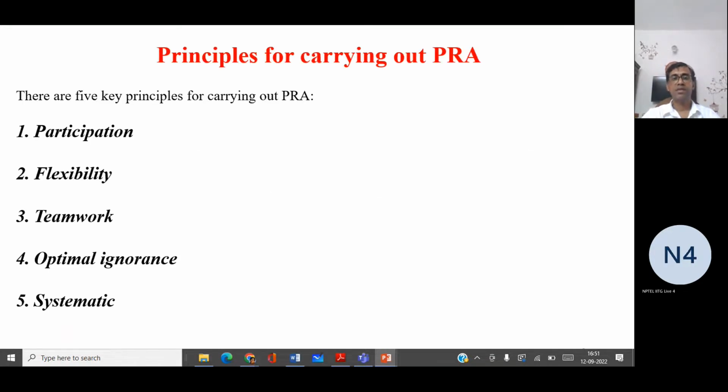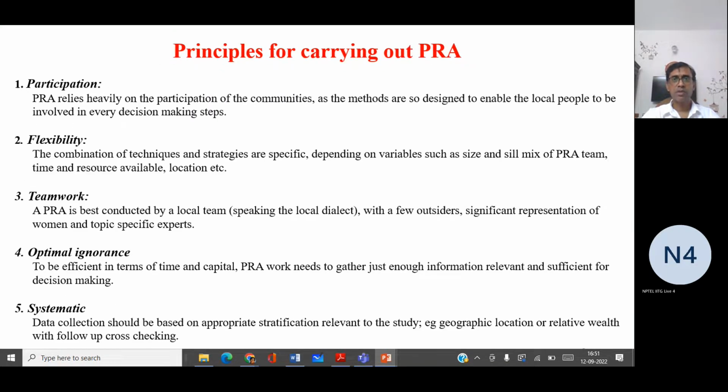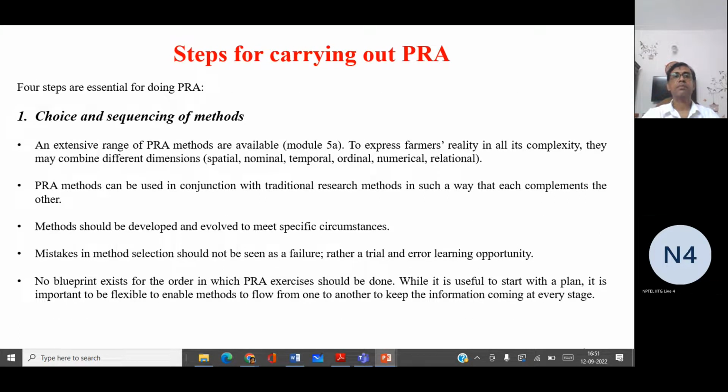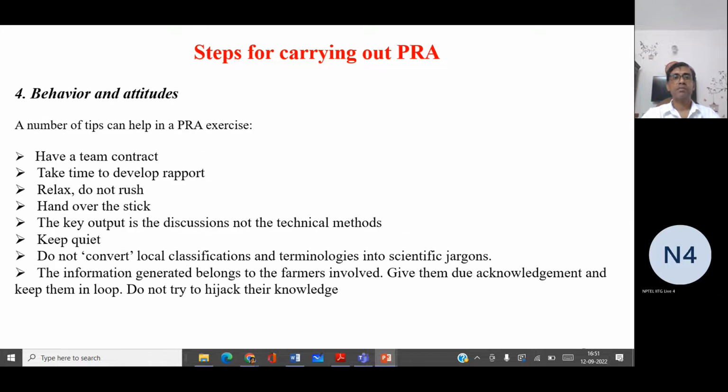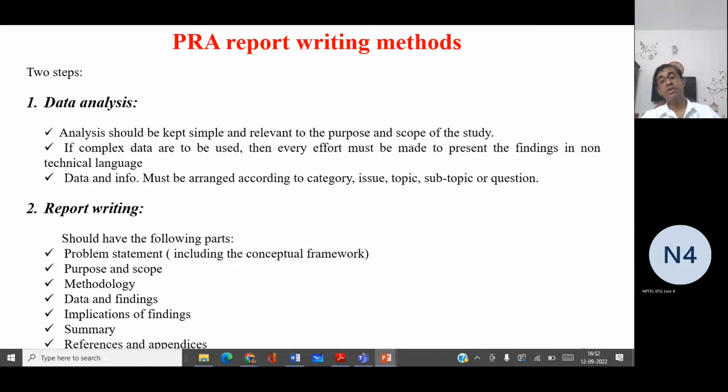These two we have discussed in great detail, starting from the principles of PRA and how PRA actually takes place, different methods, and how a PRA report can be written. This is a very critical aspect, especially for professionals who are working in the field of natural resource management.